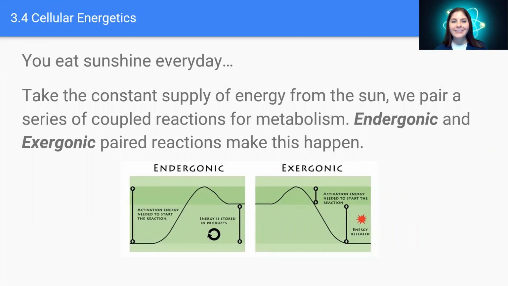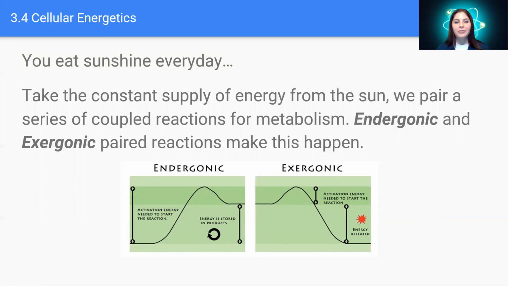So, fun fact, if you really think about it, you're actually eating sunshine every single day. You take that constant supply of energy from the sun, and we pair it with a series of coupled reactions for our metabolism. These are referred to as endergonic and exergonic paired reactions that make this happen.